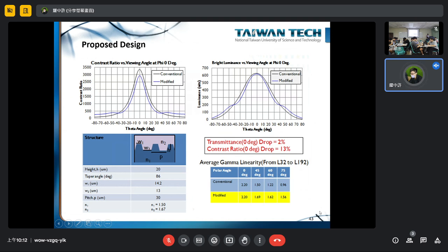The x-axis here is the angle, the viewing angle. You watch from the left, from the right, from the center. The profile is like this. After you use the film, it will be modified, something like this. So some part of the light will go to the large angle direction. This is what we try to do in the design.